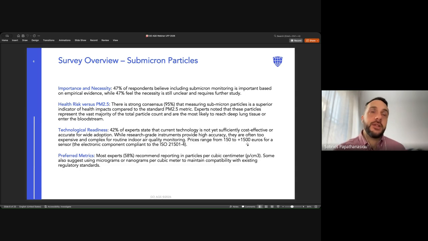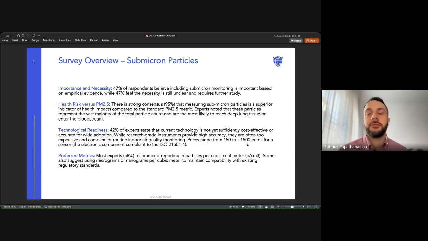On health risk, based on the survey, we had a 95% agreement that submicron particles are a superior indicator of health impact. At the same time, on the technical aspect, 72% of the experts state that the current technology is not yet sufficiently cost effective.